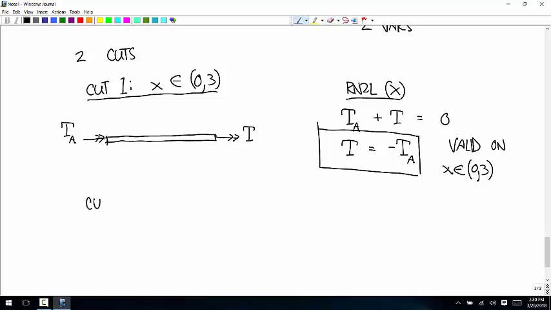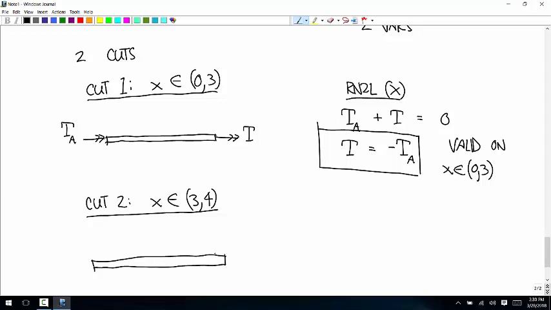And then the second cut is for x's between 3 and 4. This time we do have that 1,000 Newton meter torque, and we do have this TA still. We just haven't gone all the way to the other external torque, the other reaction torque.